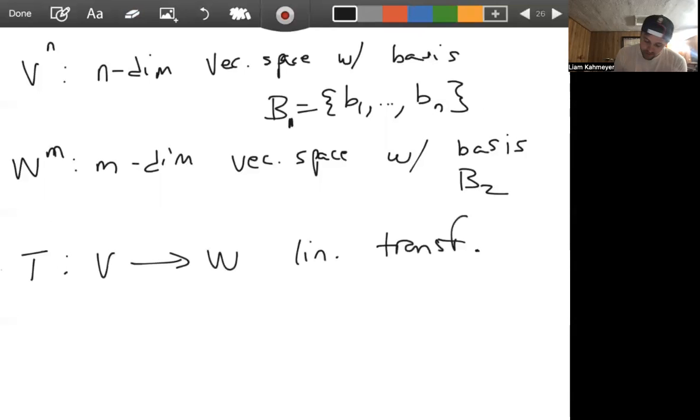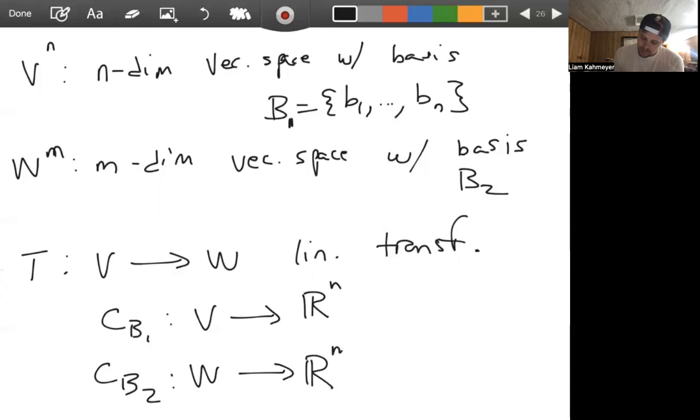We know that CB1 is going to be the coordinate isomorphism from V to Rn, and CB2 is going to be the coordinate isomorphism from W to Rm, right? So here's kind of all of our prerequisite stuff. We have V, W, a linear transformation from V to W, and then their coordinate isomorphisms, respectively denoted CB1 and CB2.